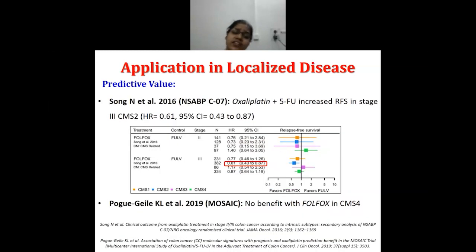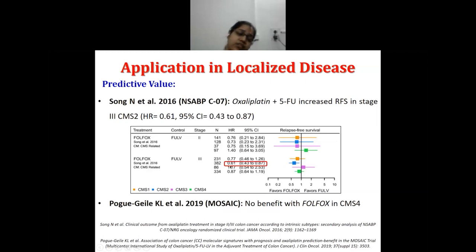Also, there were studies, one of them done by Song et al. in the year 2016, which carried out a secondary analysis of the NSABP C-07 trial and showed that the addition of oxaliplatin to 5-fluorouracil increased the relapse-free survival in stage 3 CMS type 2. However, this was not noted with stage 2 CMS.